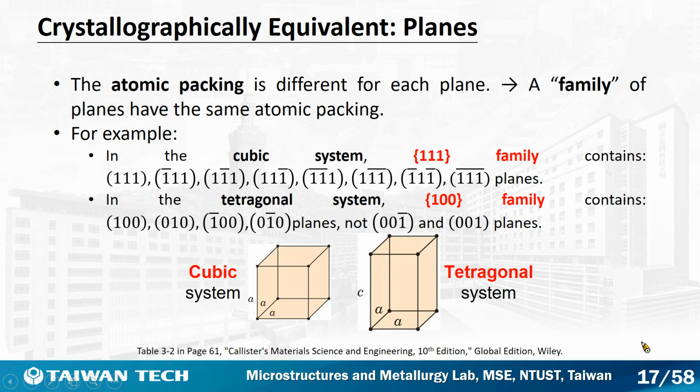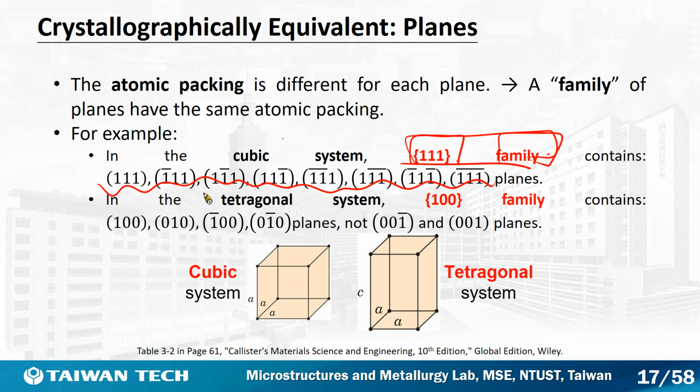Okay, and also we will have crystallographically equivalent planes. For example, we call this the 111 family of planes, and it contains a lot of planes. Also, the 111 family of planes for cubic systems is not exactly the same as that for tetragonal systems.